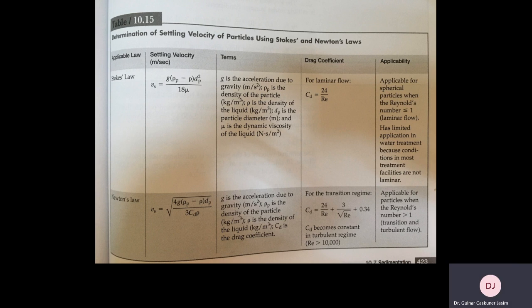The applicability of the laws has been summarized in the last column. Stokes' law can be used for laminar flow when the Reynolds number is less than or equal to 1. Newton's law can be used when the Reynolds number is bigger than 1, which corresponds to transition and turbulent flow.